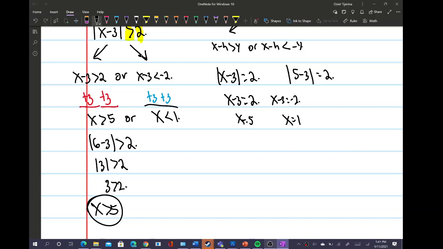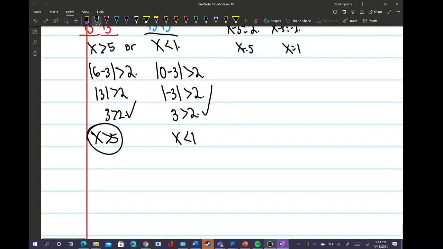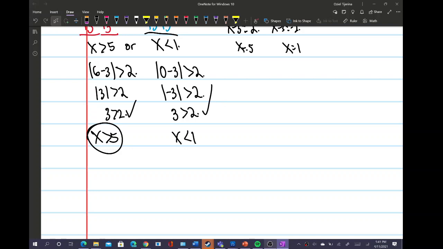If we do the absolute value of 0 minus 3 is greater than 2, so it would be the absolute value of negative 3. The absolute value of negative 3 is greater than 2, so then it would be 3 is greater than 2, which is a true statement. So x is less than 1 is also a solution.